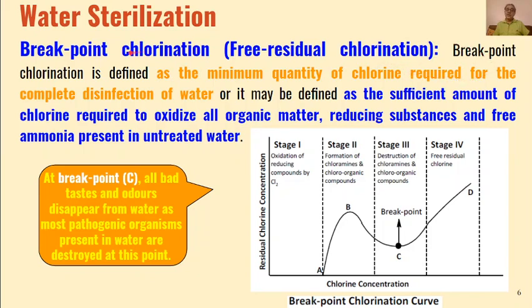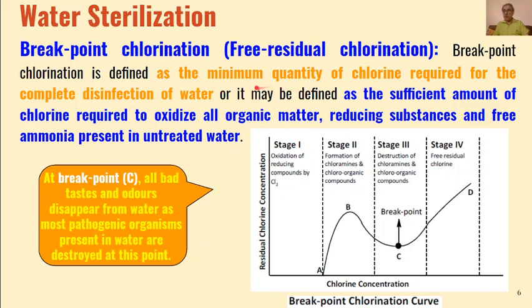And breakpoint is very important to know, because it will tell us about the limit, that is, the minimum quantity of chlorine required for the complete disinfection of the water.